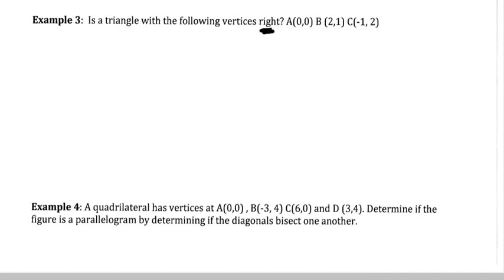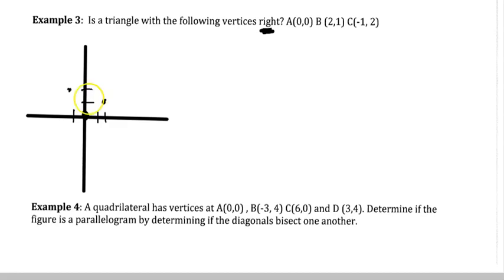Let's plot our points. 0, 0. Then we had 2, 1, and then we had -1, 2. Let's check. Is this thing going to be a right triangle?